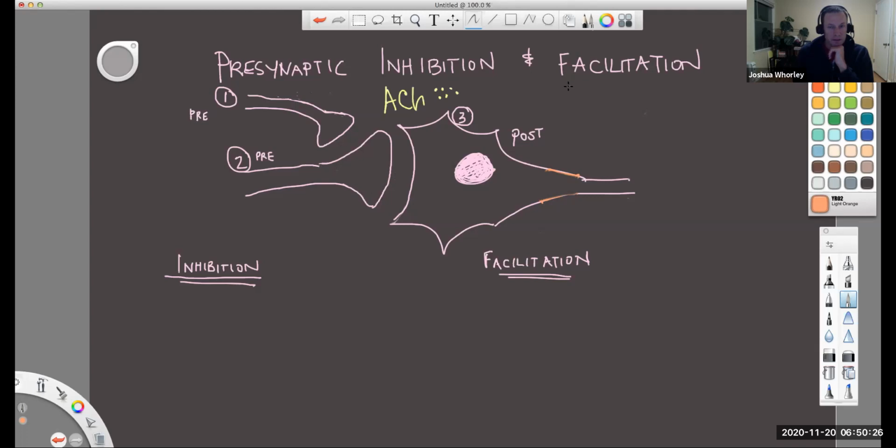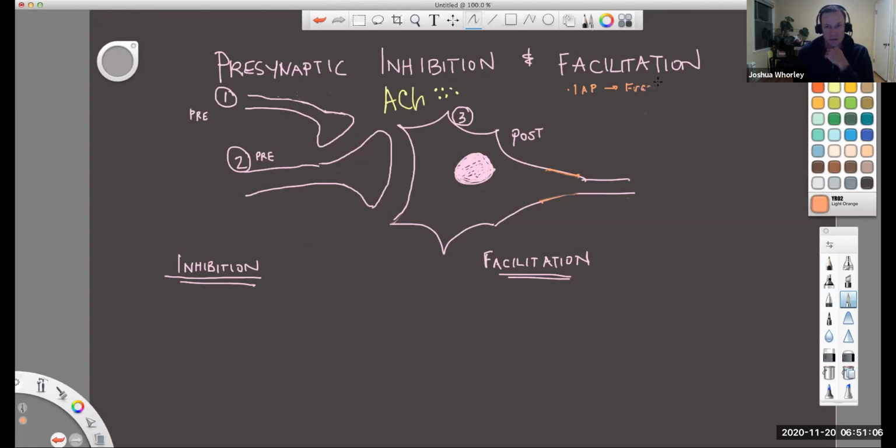So in general, I'll just say one AP leads to fusion of a fraction of vesicles. Just a fraction of the vesicles that are there typically fuse. And then those open some of the gated channels on this postsynaptic cell. A fraction of those total gated channels actually bind the amount of neurotransmitter that's released and open.